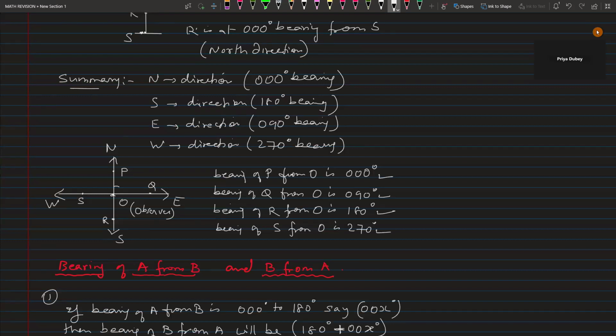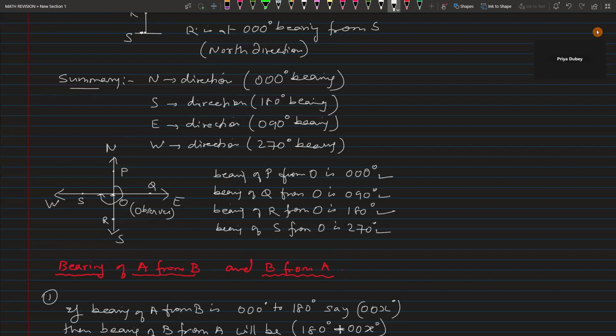And from here, you will go all the way up to 270 degrees. On this line, you will get any point S. This is what is meant by S is at a bearing of 270 from O. Yeah. Understood? Now the concept of bearing should be a little clear to you.